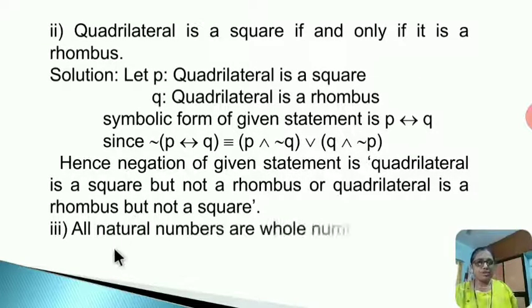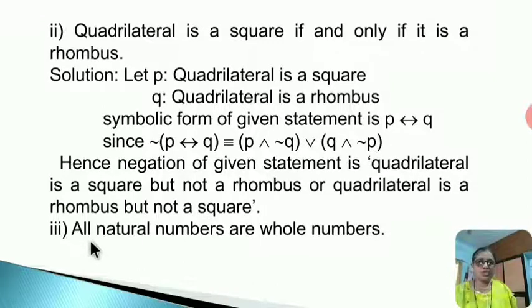Now, next example is all natural numbers are whole numbers. All natural numbers are whole numbers. When we write the negation of quantified statements, all is replaced by some, and some or there exists is replaced by all.